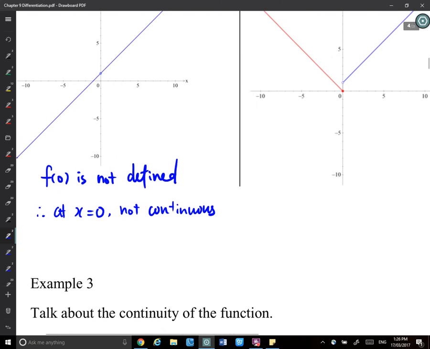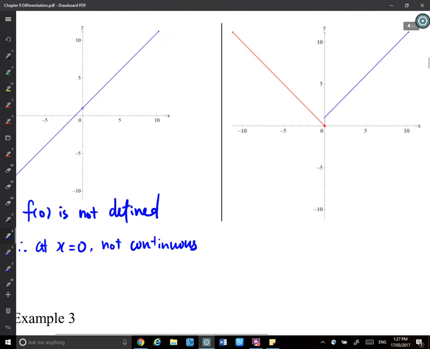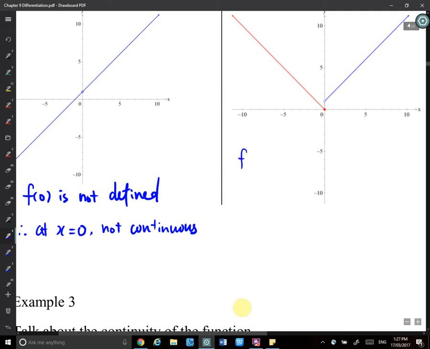For the second one, see f(0). f(0) equals 0, so it is defined. But the limit as x approaches 0 of f(x) does not exist.